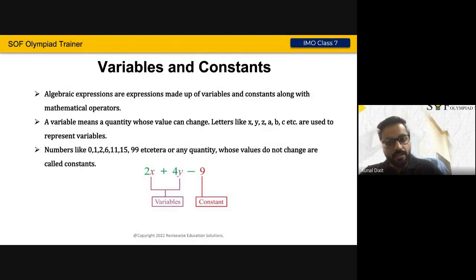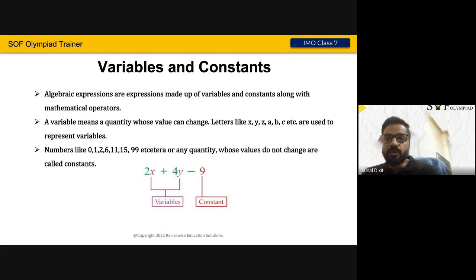There is equality, that is the equal to sign, then there is inequality as well, which can be less than, greater than, or less than or equal to, greater than or equal to signs. You can say that the expression does not have a right hand side because it's just one thing. So you have to remember this is an expression.